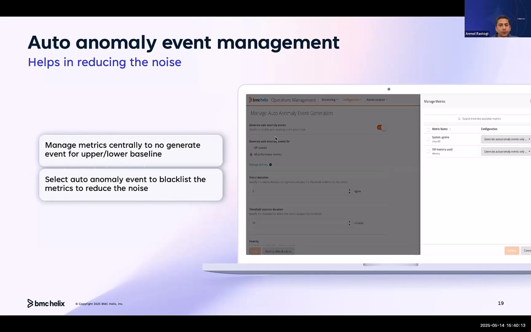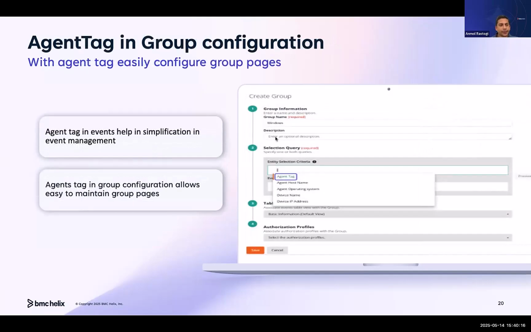Moving on to the next feature, which is the introduction of agent tag in the group configuration page. As you can see, under the entity selection criteria, we have introduced this agent tag as well. And I know there are a lot of customers who are asking for this feature, because, as I mentioned, customers are deploying the agent by tagging them, saying this is my Windows server and also monitoring SQL server.